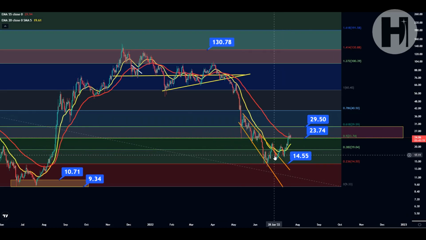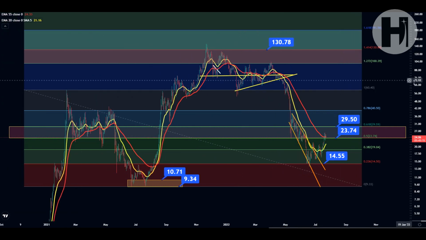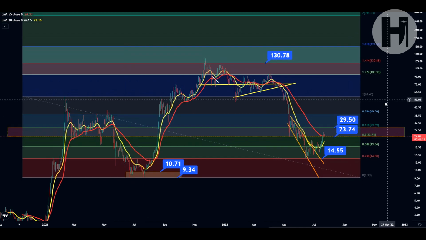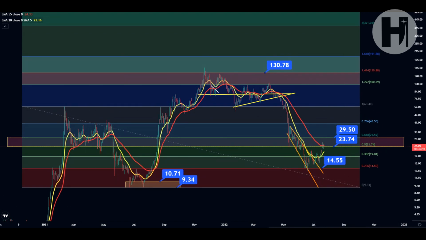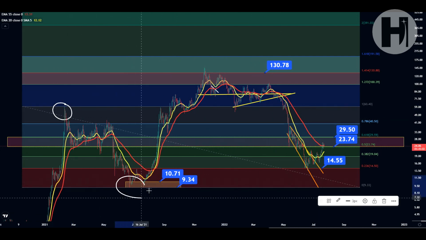So now jumping into the daily chart right here, this is TradingView. The chart is from the Binance exchange, and we have the old Fibonacci retracement that I have been using for over a year now, and it has been great. So we have our swing high over here, and we have the swing low during the summer of last year's pullback.